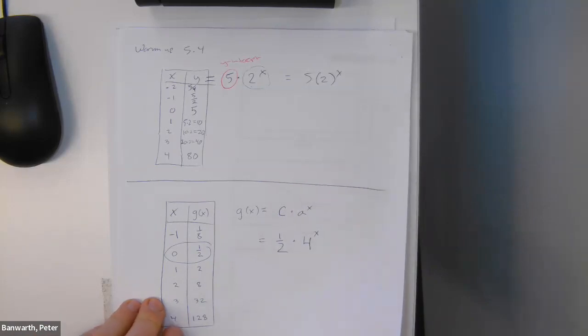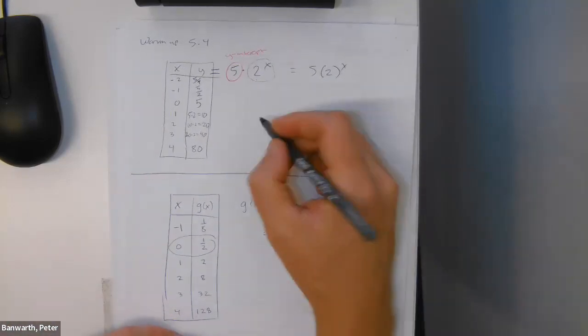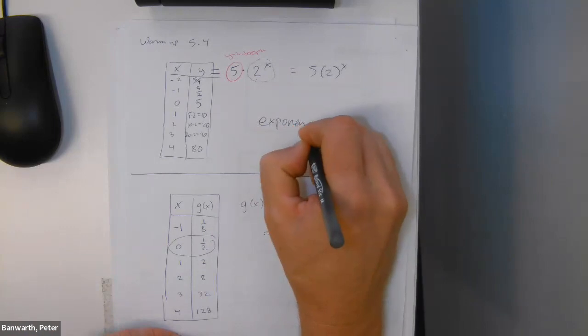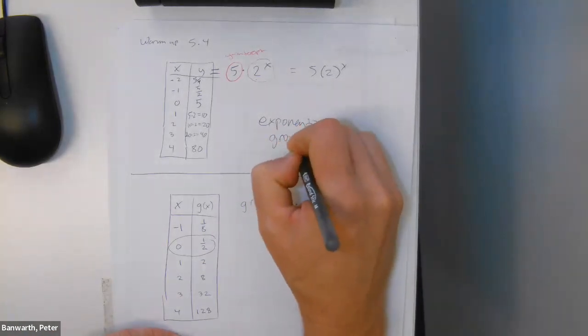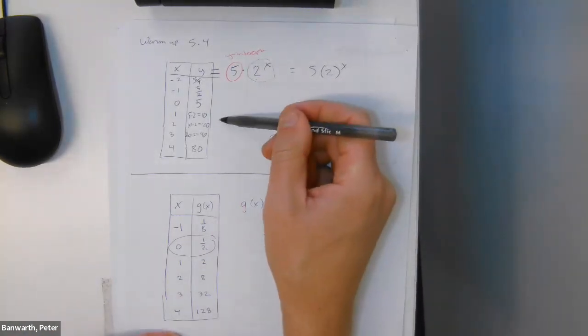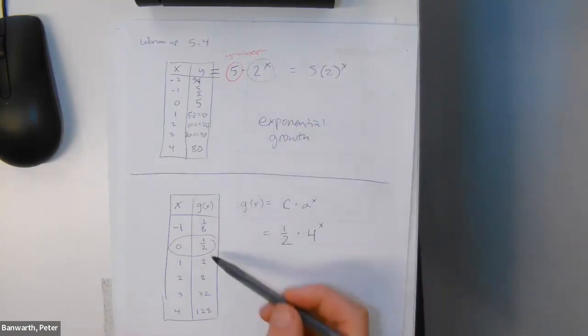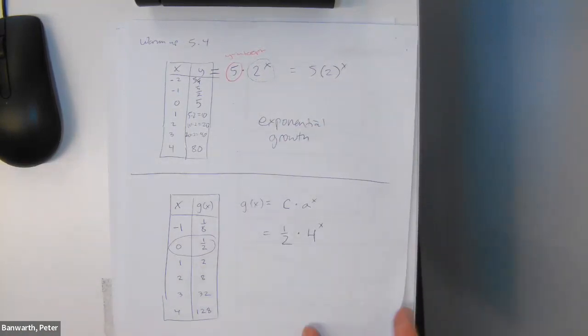All right, let's do one with exponential decay. So these are both examples of exponential growth, just because as X increases, Y grows.